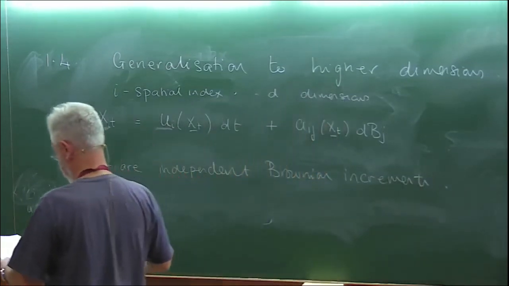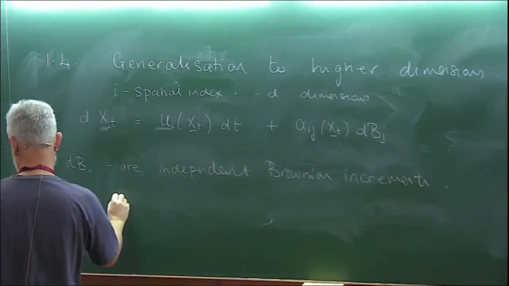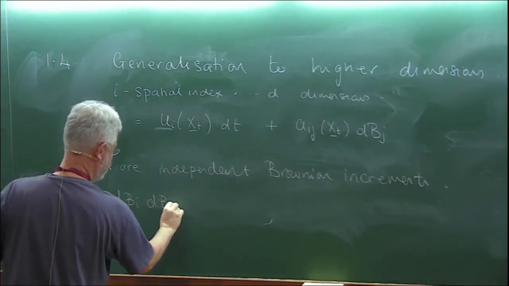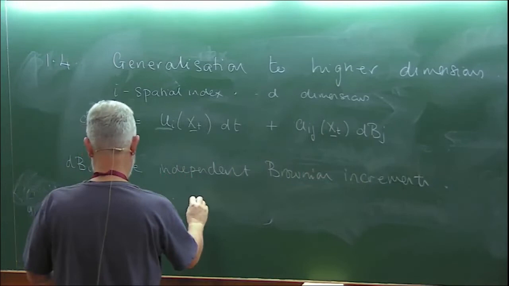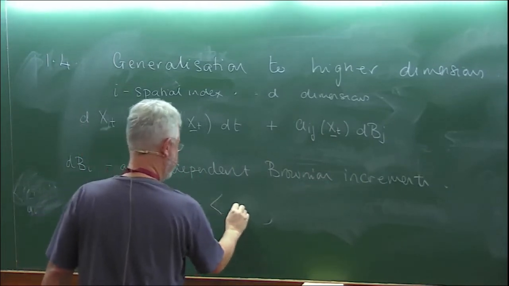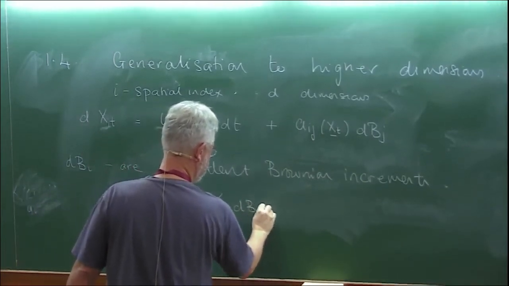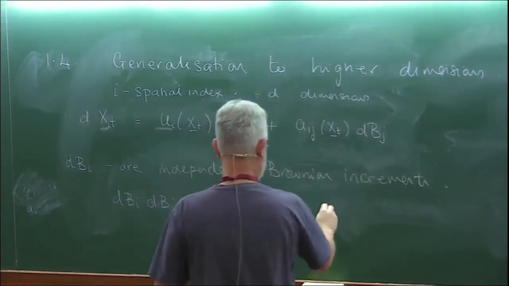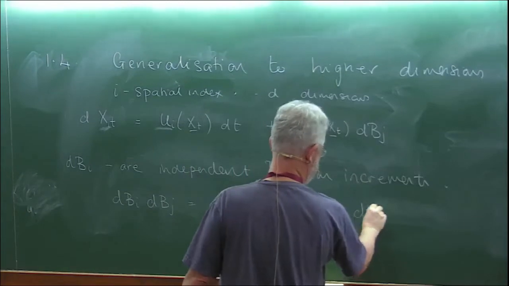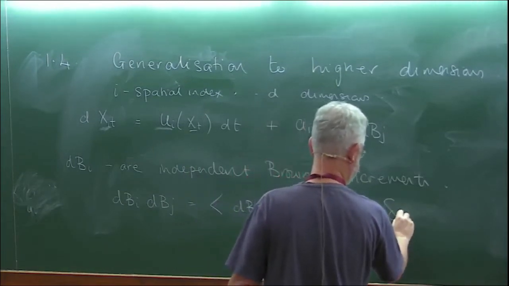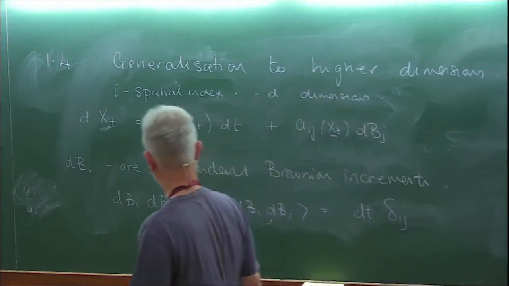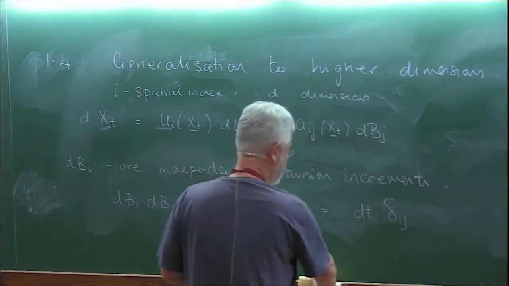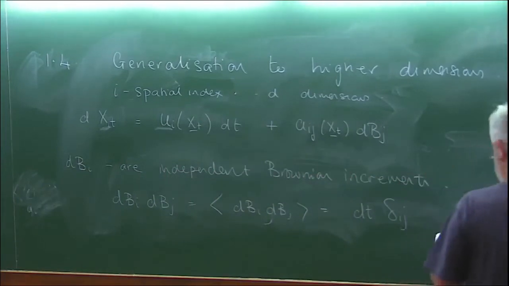So basically this means that the Ito rule becomes dB_i dB_j, and doing the calculation, that's equal to dt, but only if i is equal to j. So I have a Kronecker delta here, okay?